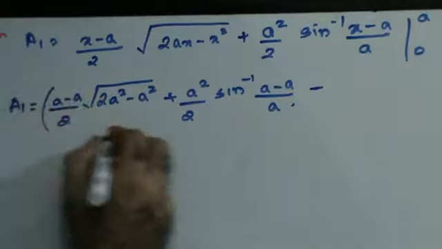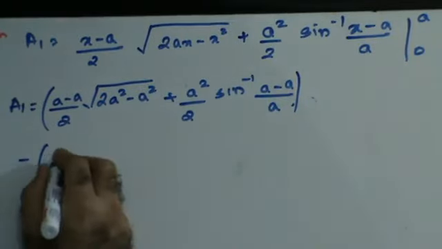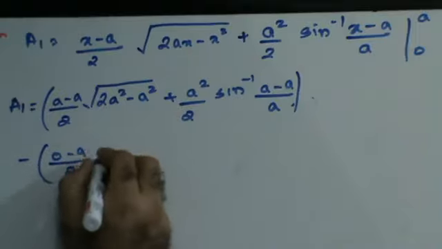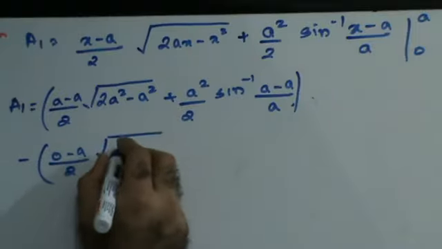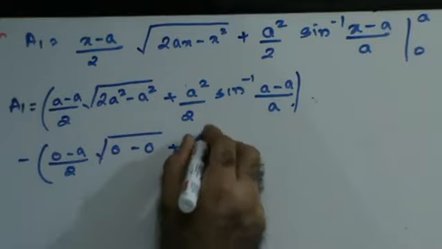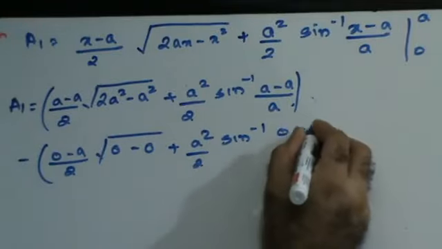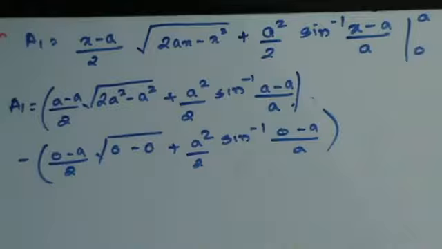Minus, this was upper limit, minus lower limit. So in that case that will be 0 minus a by 2 square root of 0 minus 0 plus a square by 2 sine inverse of (0 minus a) by a, right?